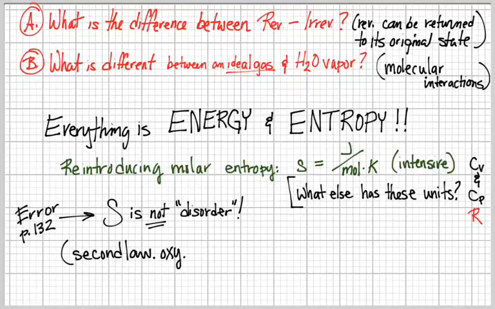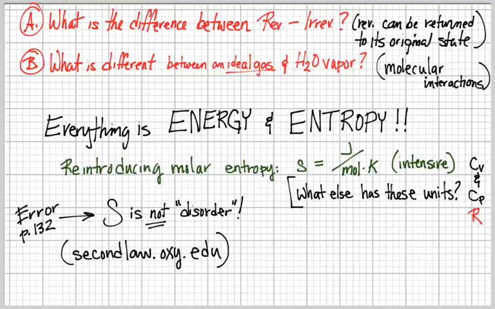I want to remind you here that on page 132 of your Koretsky textbook, the author really makes a mistake. It's a classic error in identifying entropy as disorder. That is not an accurate description of entropy, and it's something that we will work very hard to never use in class.